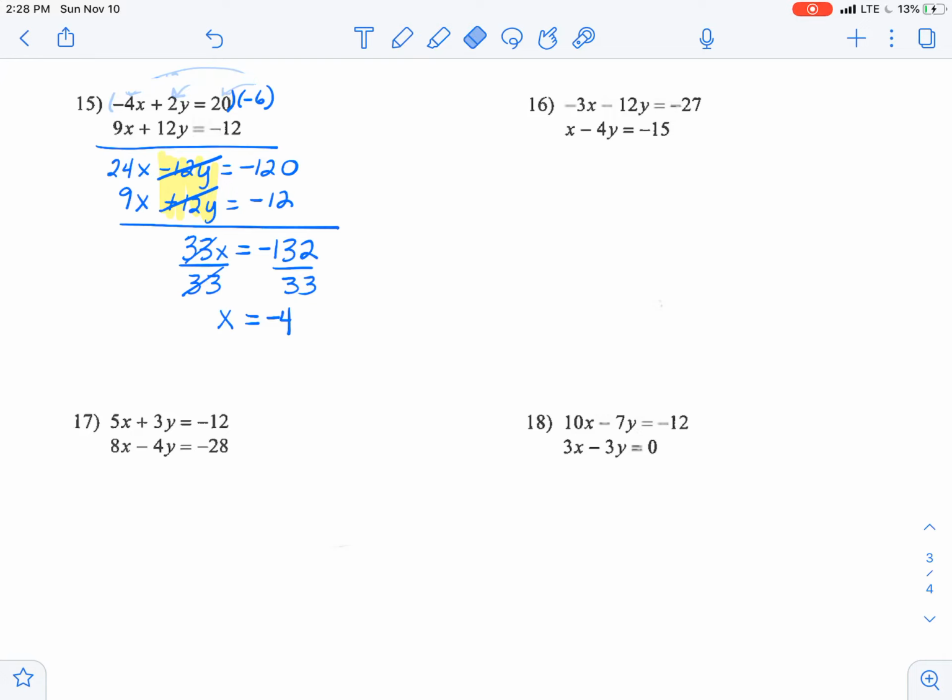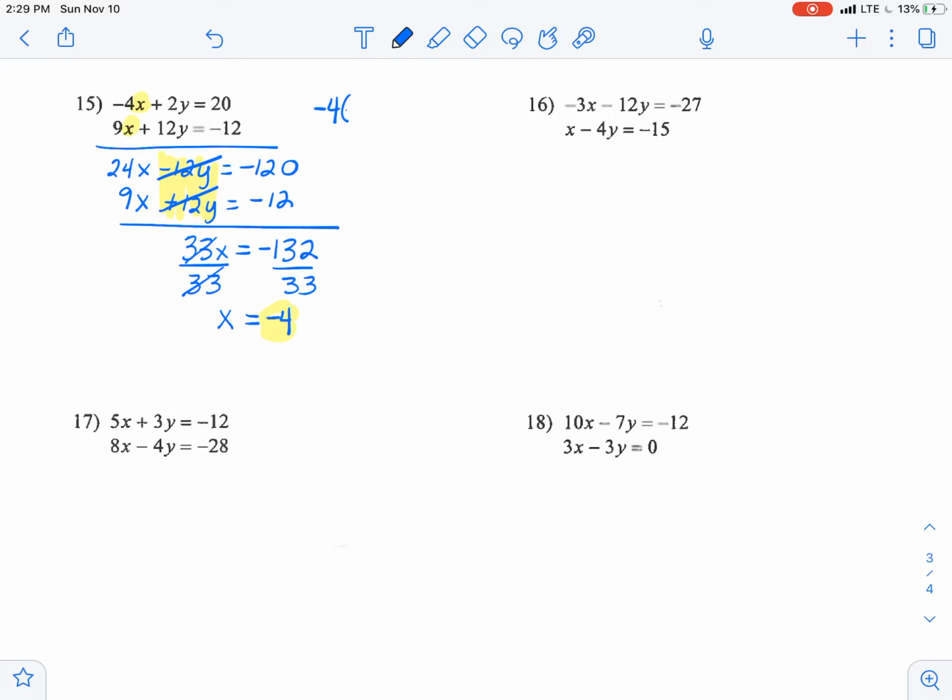Now, when I come back up to my original equations, pick either one, the top or the bottom, and what I'm going to do is substitute this -4 for the x, so either here or here, whichever one you prefer. I typically just stick with, for the most part, the top one, but you can definitely do either one. So I'm just going to do the top one.